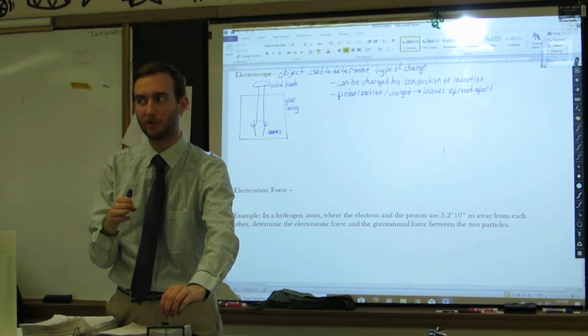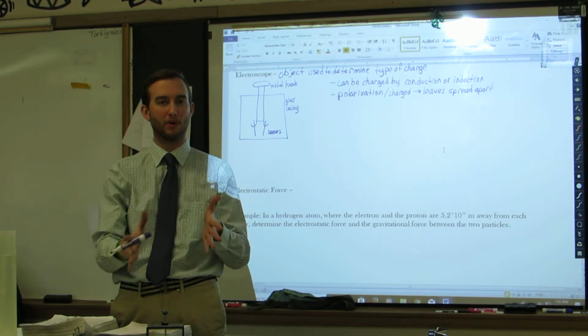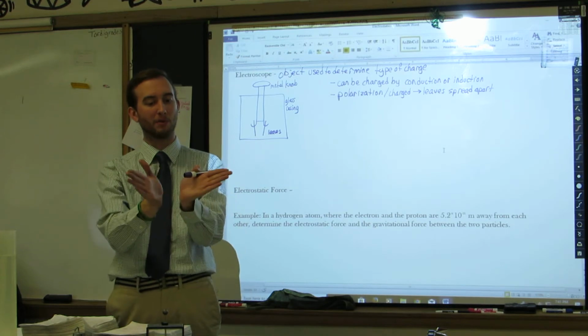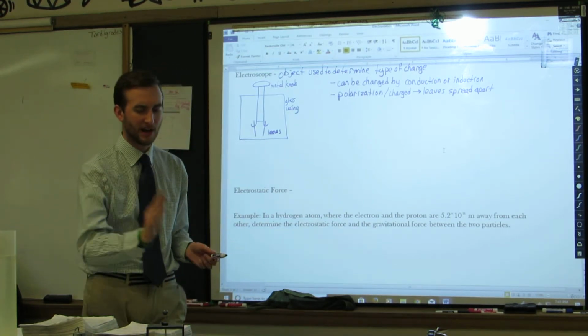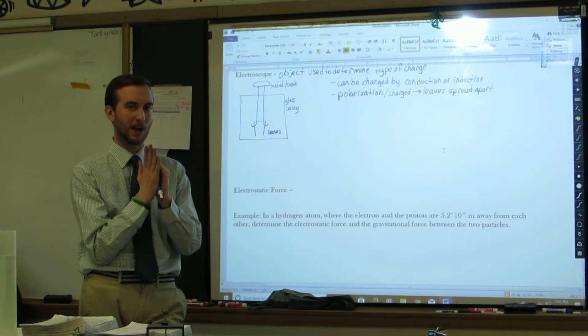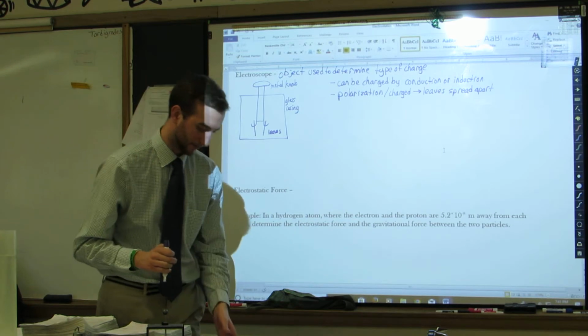And the leaves will both have positive charge, or like the total negative charge will go into both leaves. You'll have both leaves being negative and negative, or positive and positive, and they will repel. There is no such thing as getting a positive and a negative leaf. That does not happen, okay? Sometimes the leaves kind of snap together. That's just a mistake, okay? That's not something that should be happening.